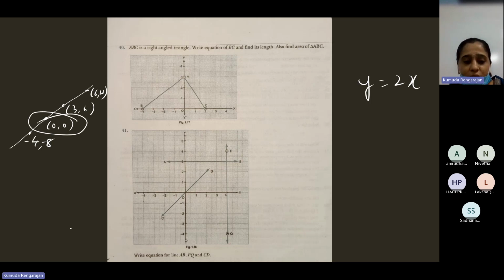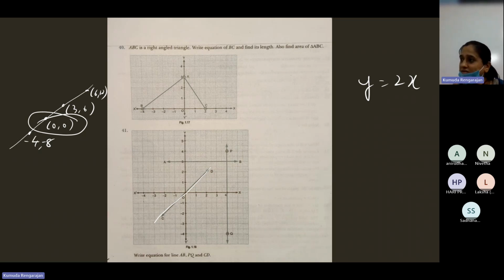So to write the equation of a line that passes through the origin, you should mark off the points on that line and see the relation between the x value and the y value. You will find some relation. Sometimes it will be like if x is 1, y will be minus 1. If x is 2, y will be minus 2.